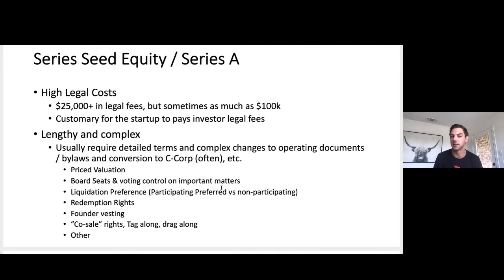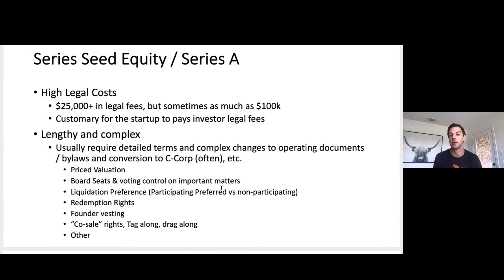It's also customary in equity raises for the startup to pay for the investor legal fees. So if it costs the startup $25,000 and it costs the investors $25,000 also, for the sake of conflicts of interest, you really need two different attorneys doing the deal.